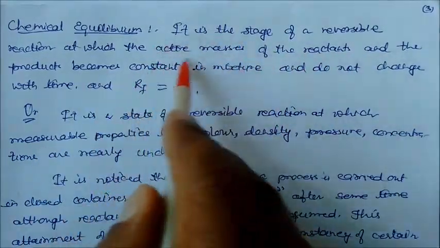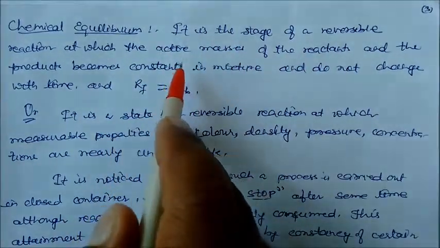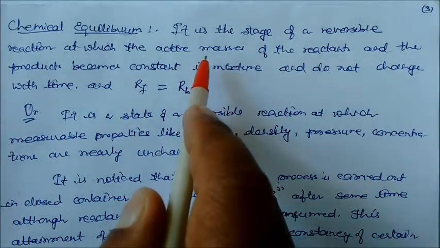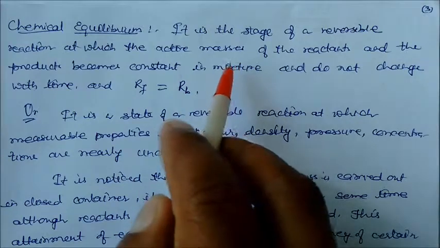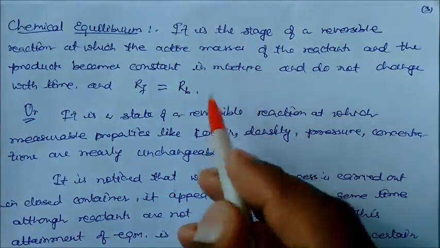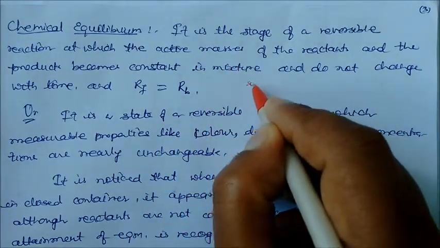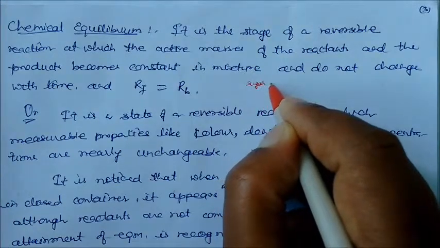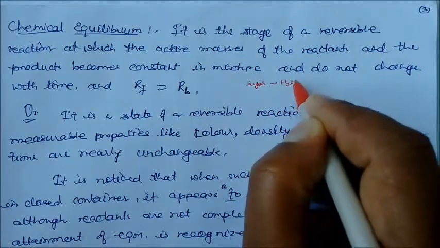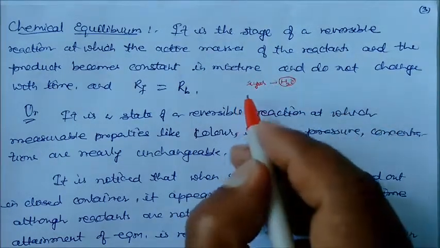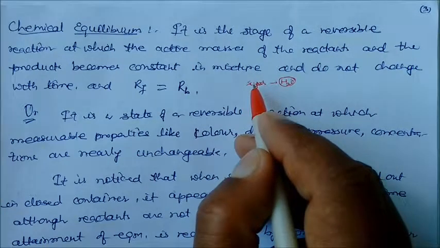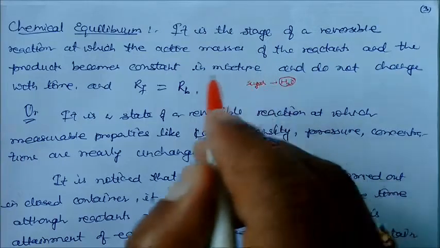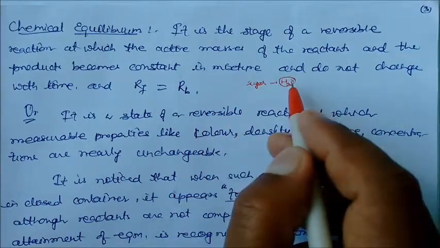What is the active mass? Active mass means those masses present in the compound or reactant which are participating in the reaction. Like when we take sugar and dissolve it in water, only the concentration of sugar on the surface will participate in the dissolving.